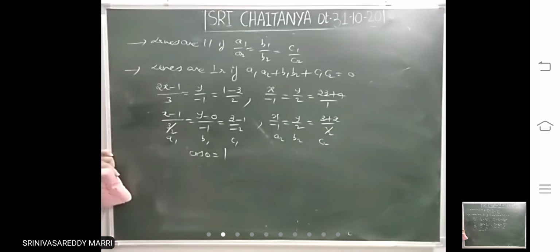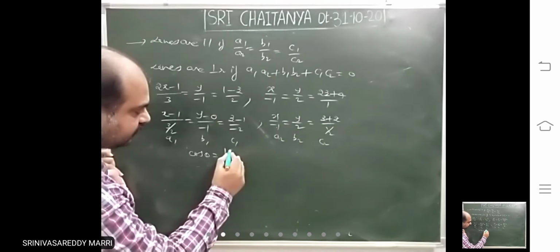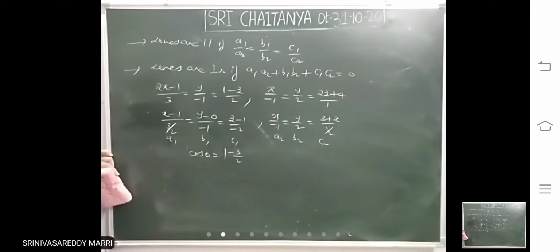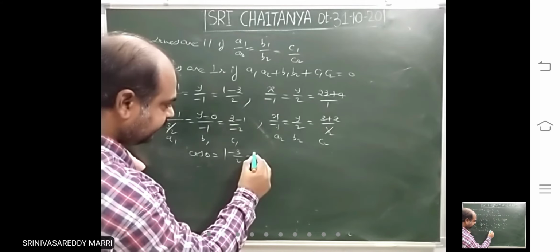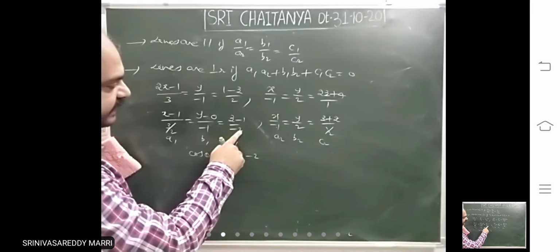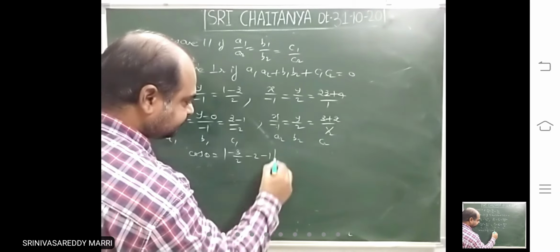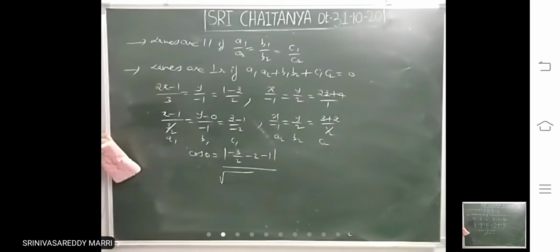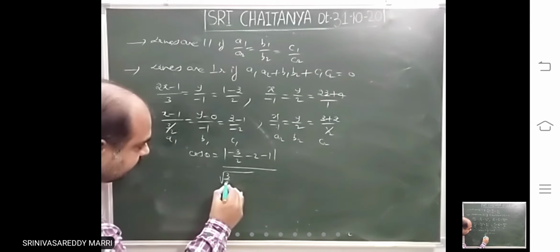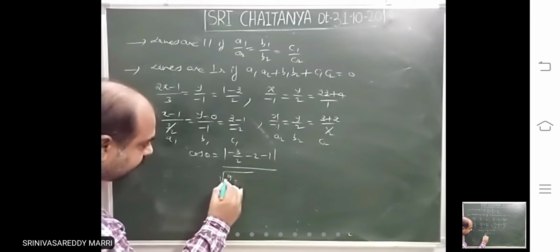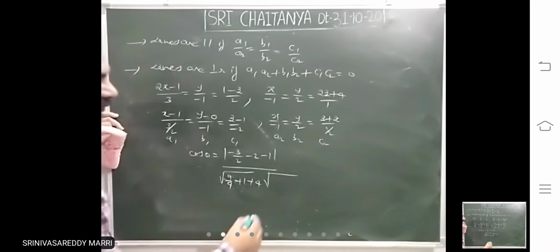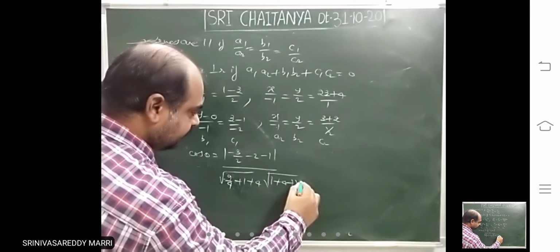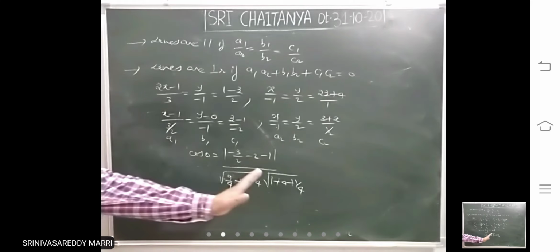Cos theta is nothing but modulus of 3 by 2 into minus 1, minus 3 by 2, minus 1 into 2, minus 2, minus 2 into 1 by 2, minus 1, divided by root of 9 by 4 plus 1 plus 4 into root of 1 plus 4 plus 1 by 4. You calculate this, whatever you get will be the angle.